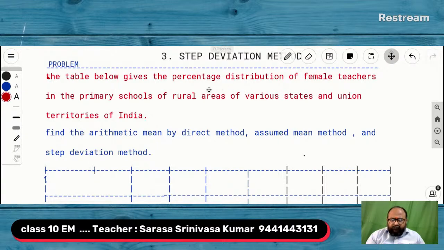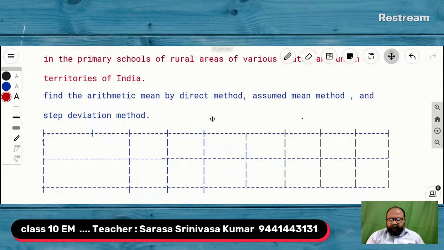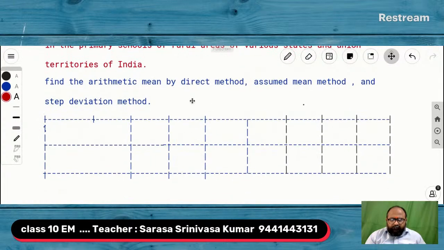It is given in percentage in primary schools of rural areas in various states and union territories of India. Now, find arithmetic mean by direct method, assumed mean method, and step deviation method. We try to find arithmetic mean for the following data. Now let us write it.